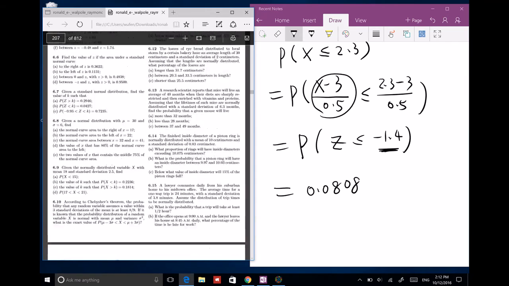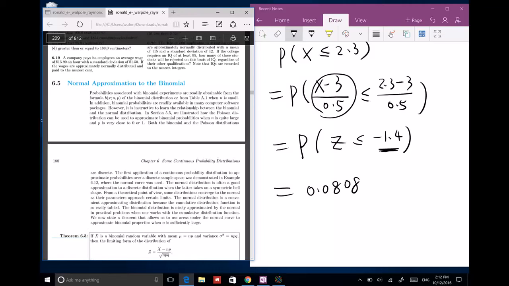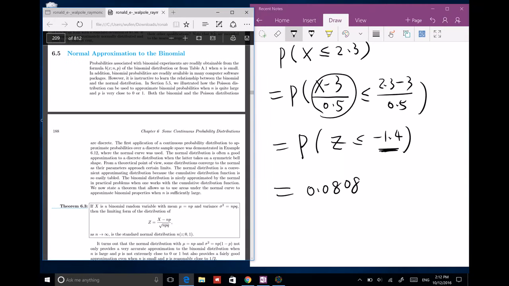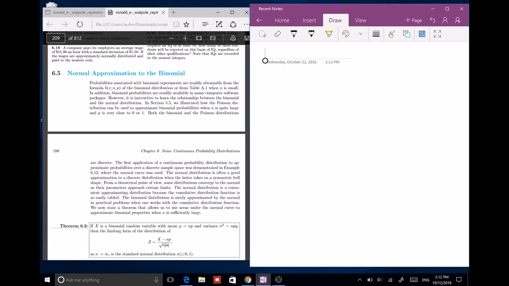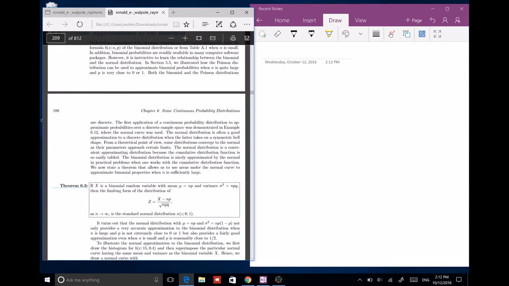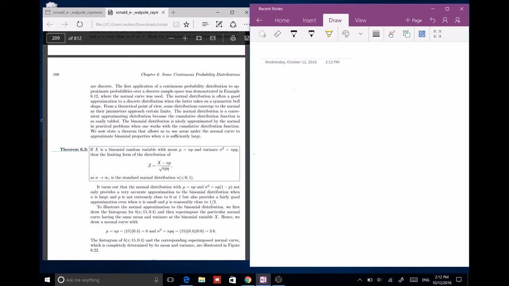Okay, so let's see 6.5, normal approximation to the binomial. Okay, for the binomial distribution, we know that mu equals np and sigma squared equals npq. This is the mean value and variance of the binomial distribution.